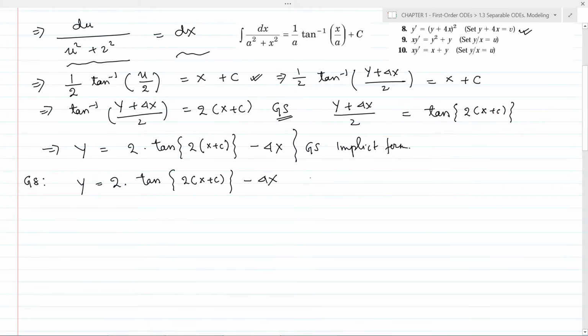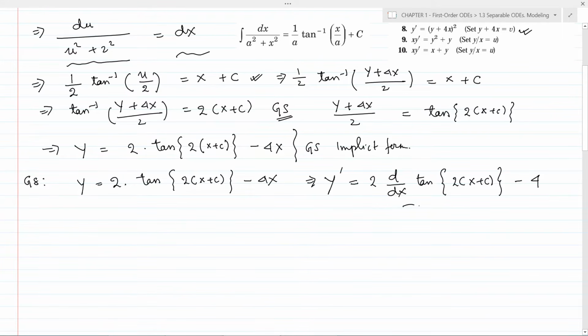We differentiate both sides with respect to x, and we write y dash is equal to 2 d by dx of tan of 2 whole into x plus c, minus 4x. We differentiate with respect to x and we write it as 4.